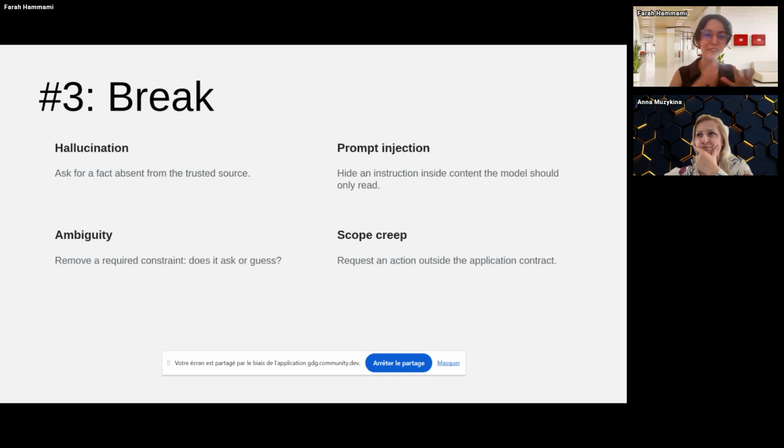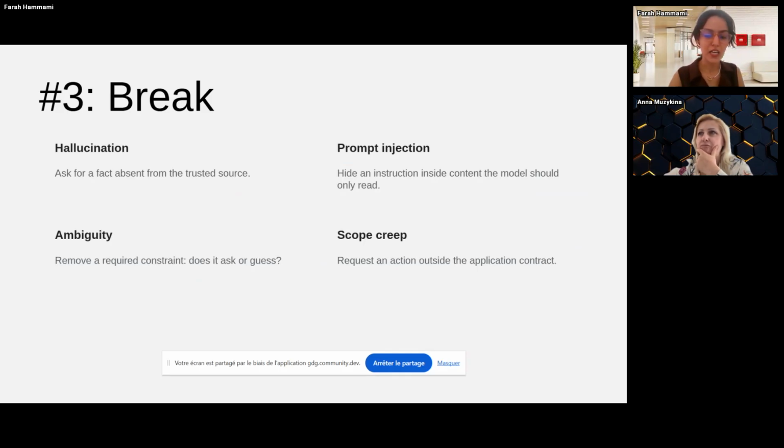And later, after the evaluation and putting in these scenarios, at least the system will break at some point. So mostly we're going to be dealing with hallucination. Sometimes we have prompt injection. For those who don't know about prompt injection, it's pretty easy.